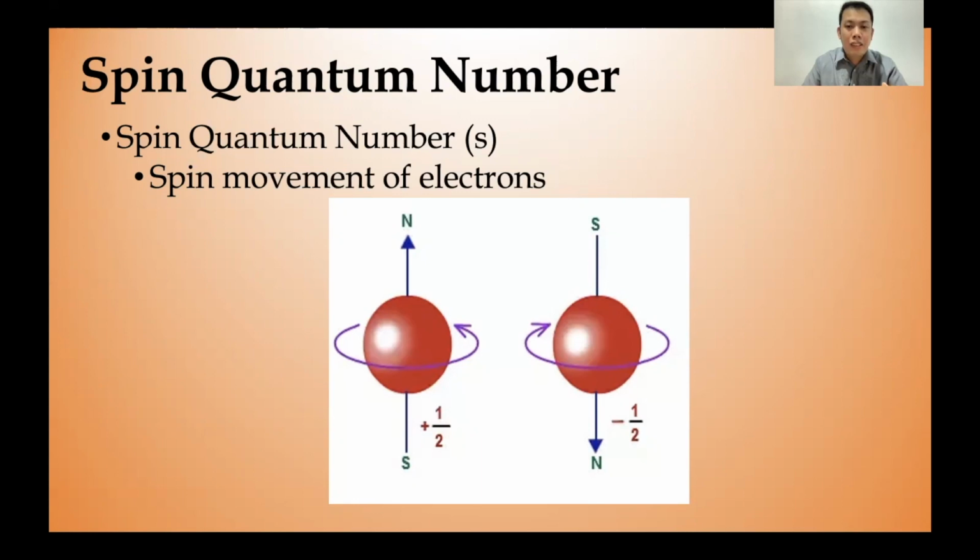The magnetic quantum number is small letter m, with subscript small letter l. And the spin quantum number is small letter m with subscript small letter s. Again, n, l, m sub l, and m sub s.